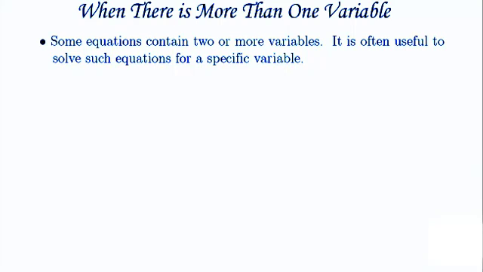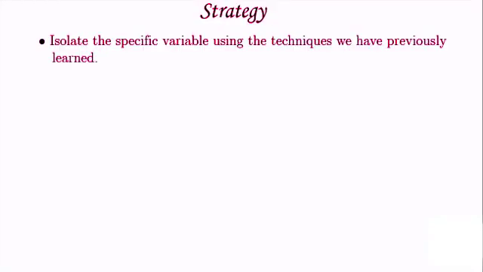So sometimes when working with these equations, we have an equation and we want to solve it for a variable such as x or y, and we're going to talk about how to approach that. The strategy is to isolate the variable that you want to solve for using the techniques that we've previously learned: addition, subtraction, multiplication, and division.